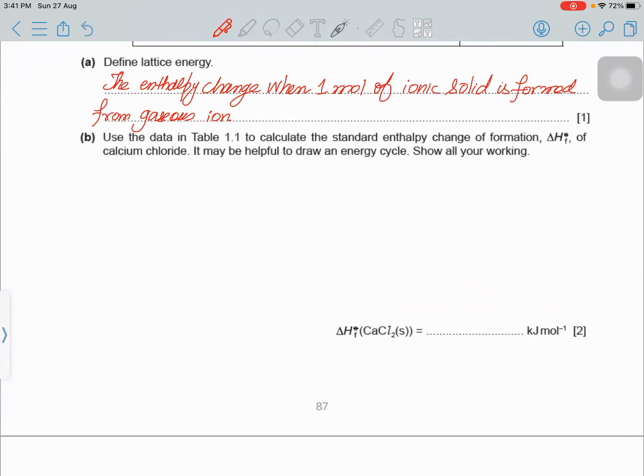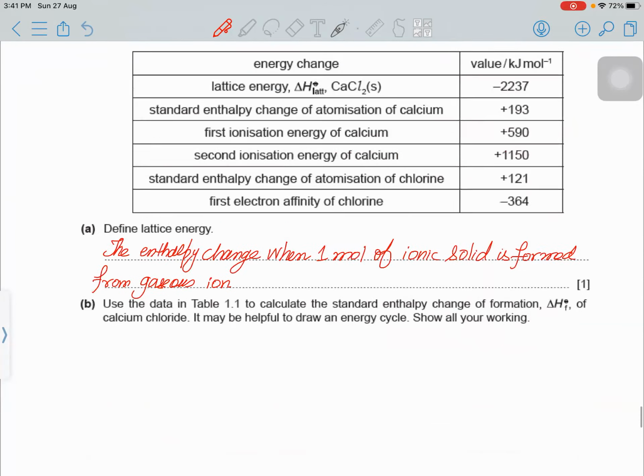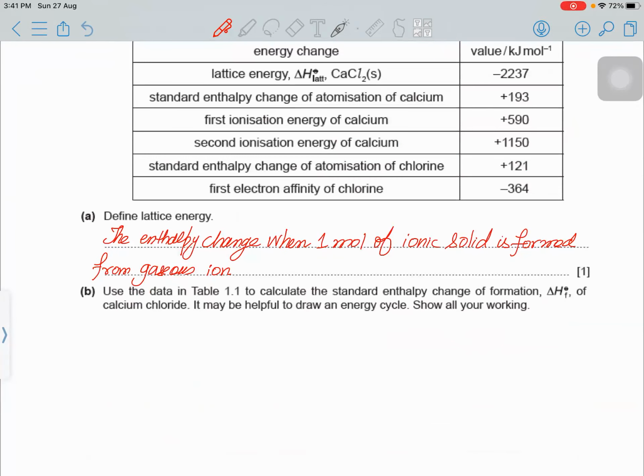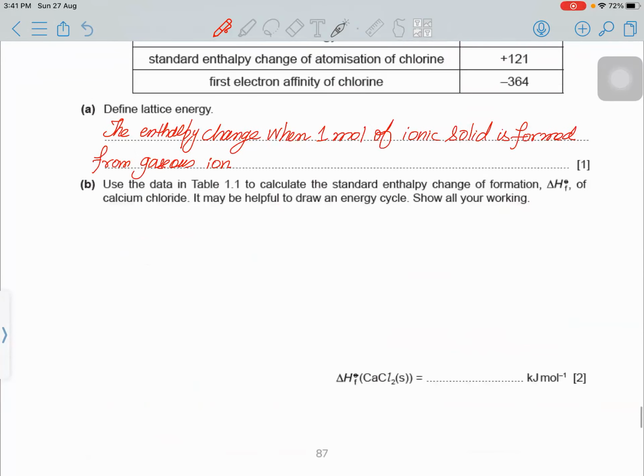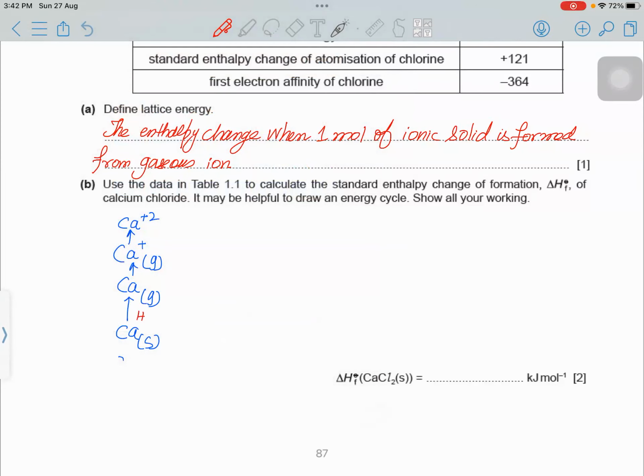Now second question, use data in table 1.1. Calculate the delta H formation of calcium chloride. So first draw the calcium solid. Calcium solid converts into calcium gas. Then calcium gas converts into Ca+, then Ca2+. Now tell me H1, then H2, then H3.